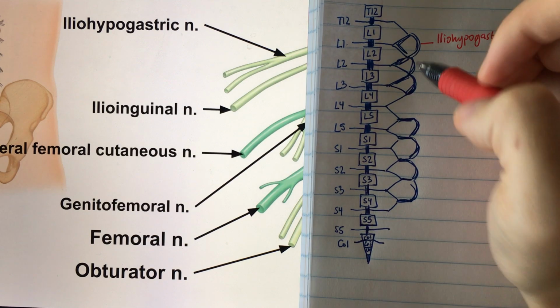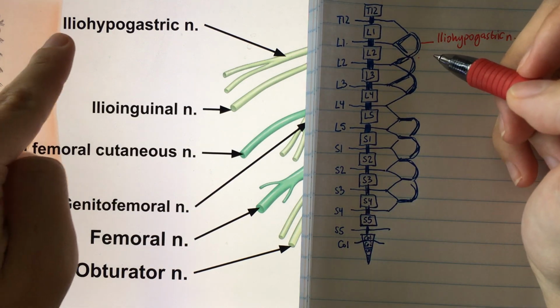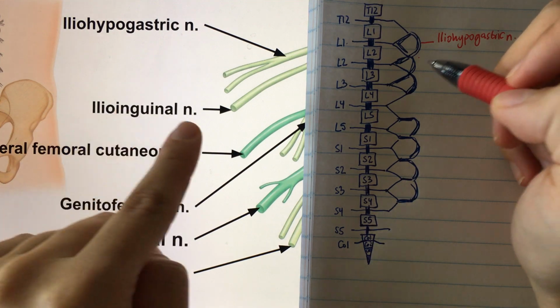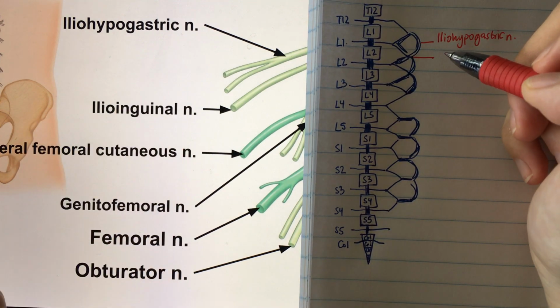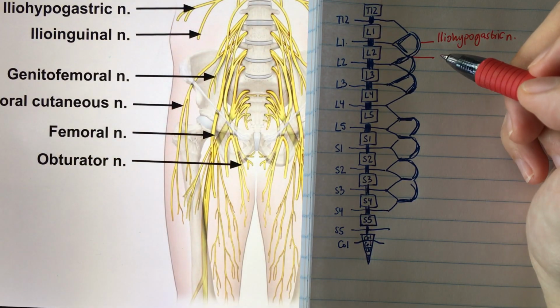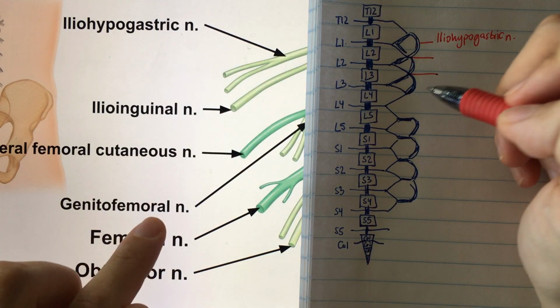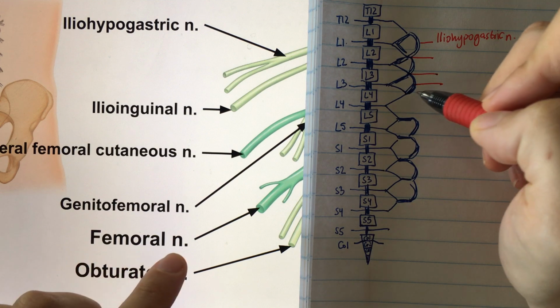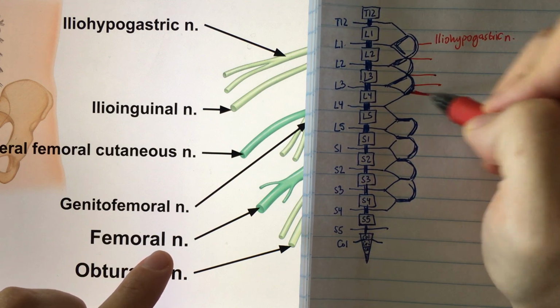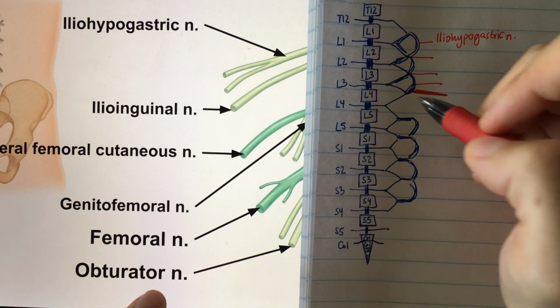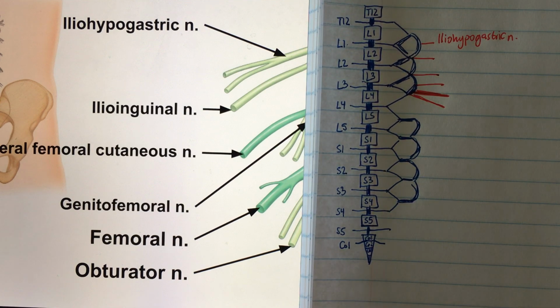I'm just going to point them here. So iliohypogastric, ilioinguinal, lateral femoral cutaneous, genital femoral, femoral, that's going to be the thickest one of this plexus, and obturator. Okay.